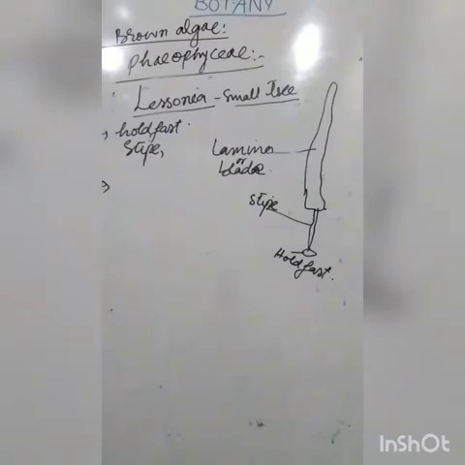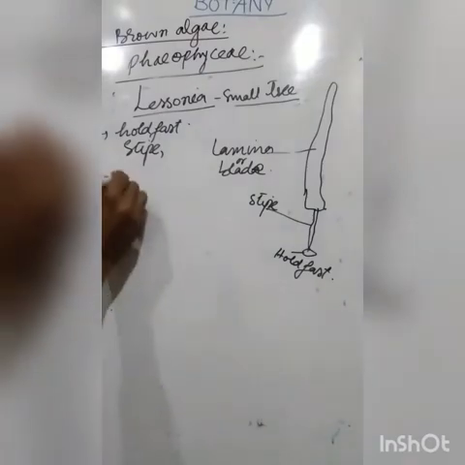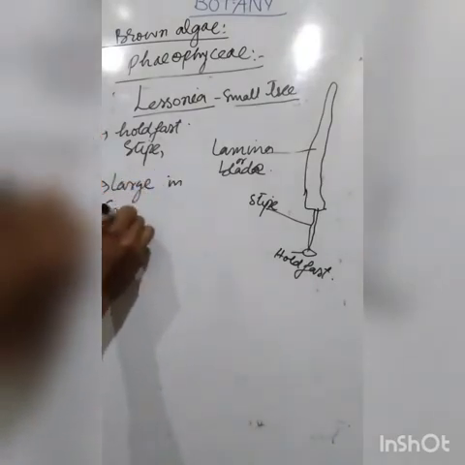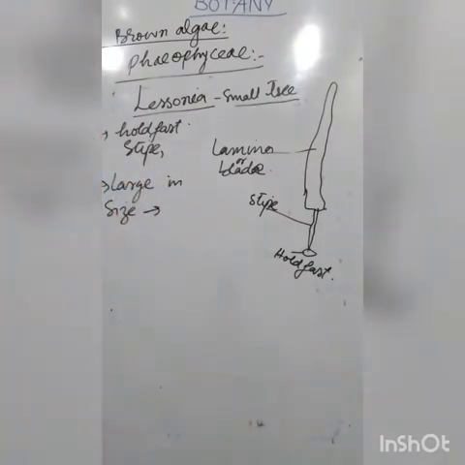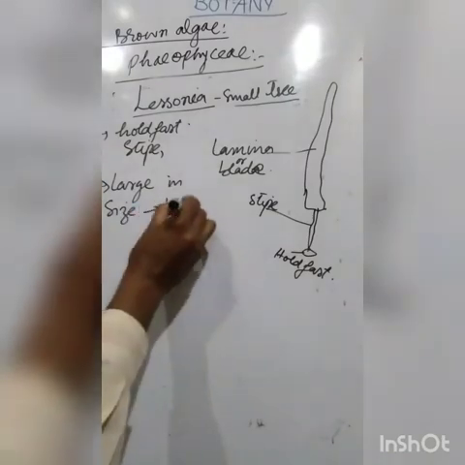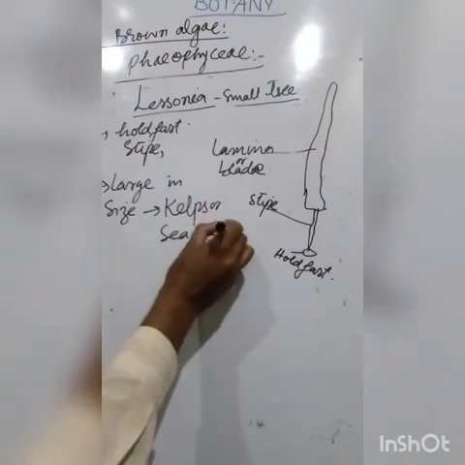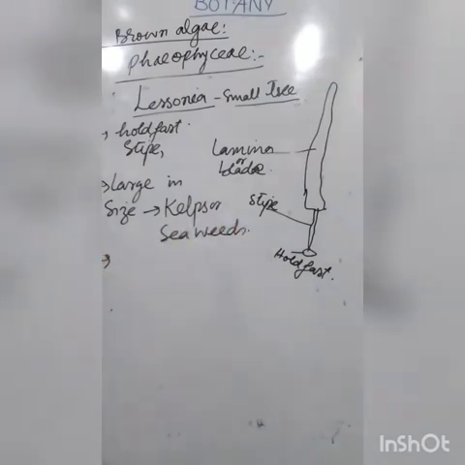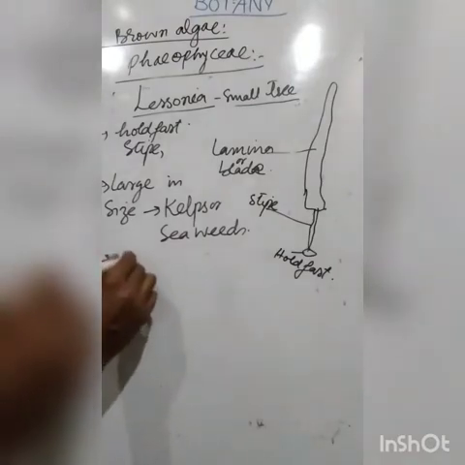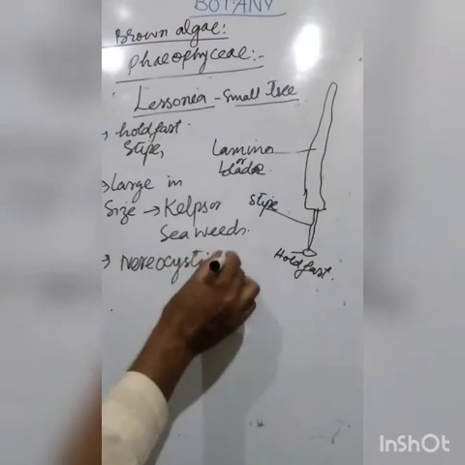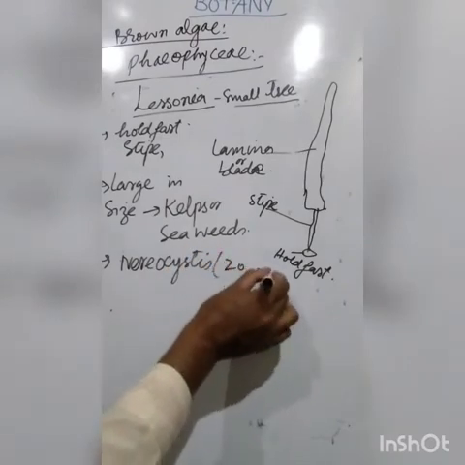Large brown algae, which are large in size, are called kelps. Kelps are giant seaweeds. There is one called Nereocystis, 20 to 30 meters.